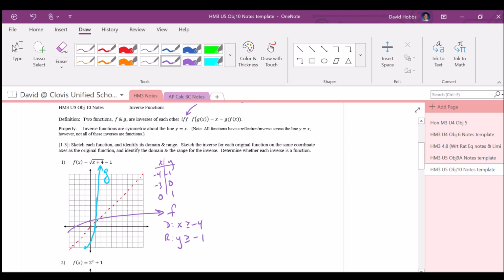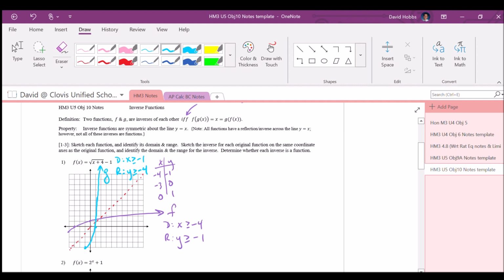Okay, so there's information about f. Information about g here, my domain, x is greater than or equal to -1, and my range is y greater than or equal to -4.